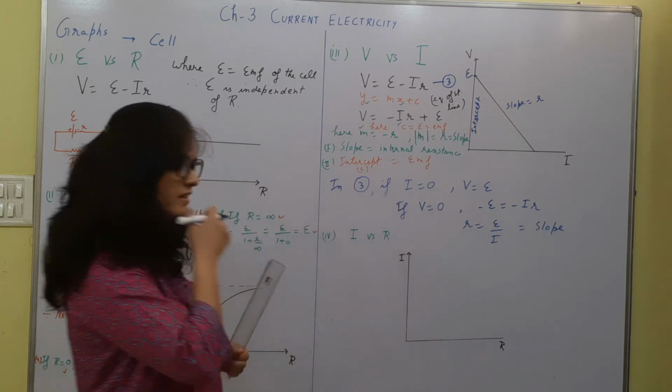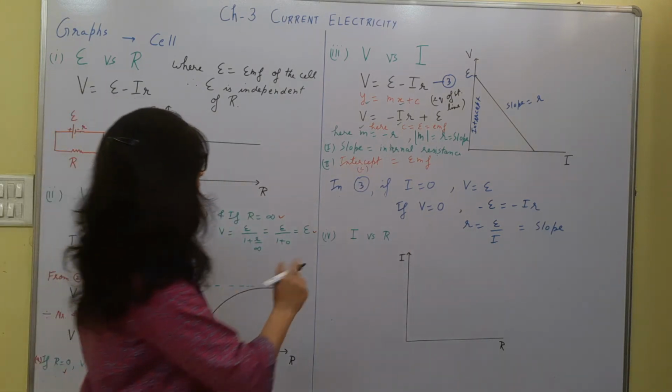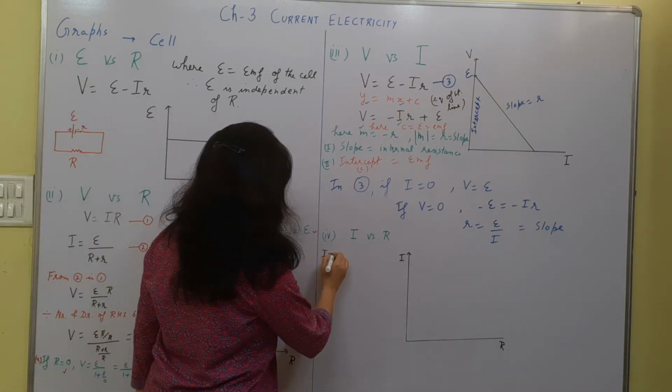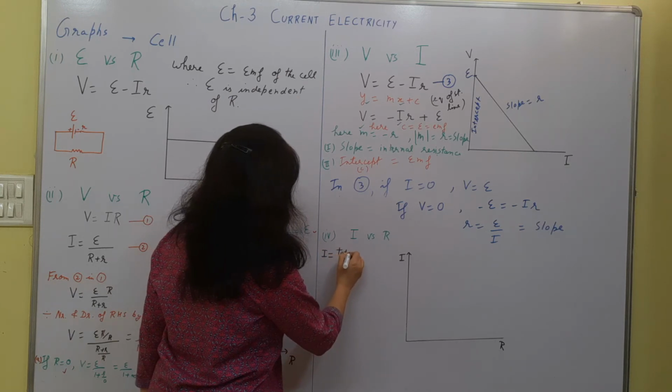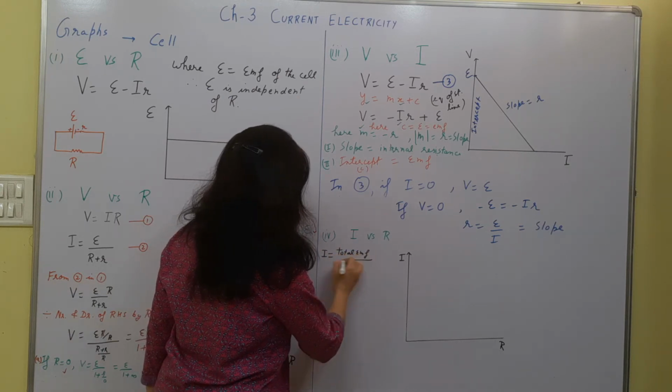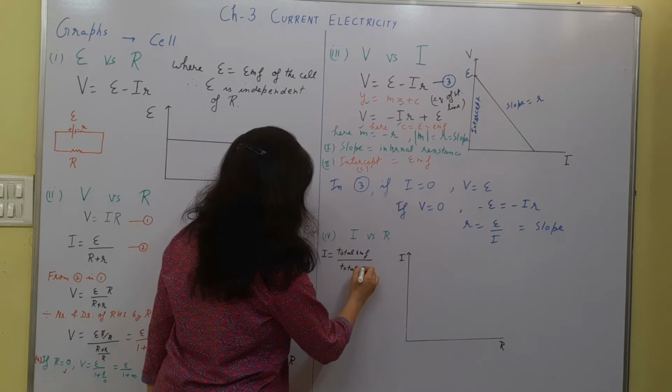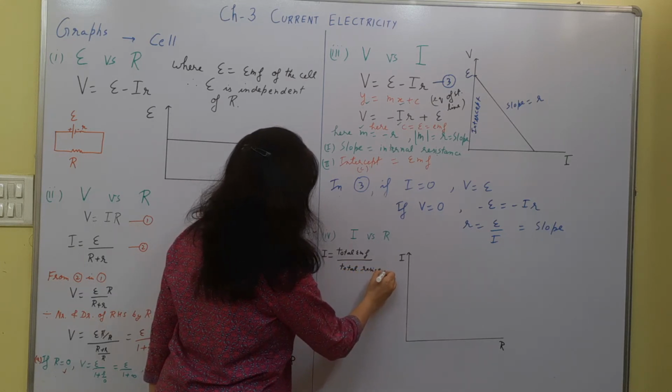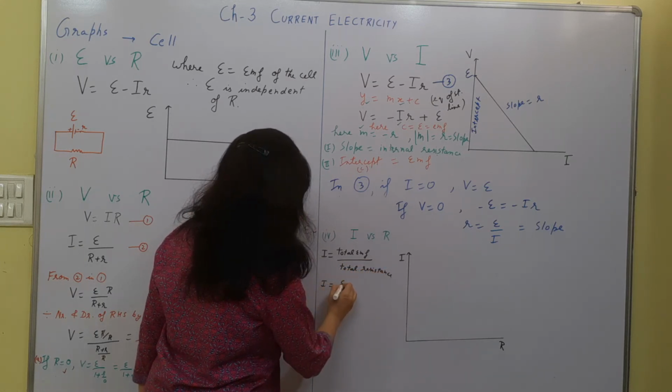When the external resistance is 0, then the current is maximum, because we know that I is equal to total EMF upon total resistance, and this gives this.